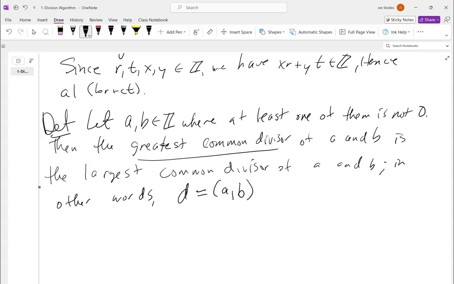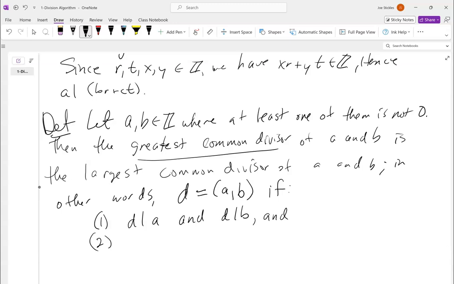Right. So D is the GCD of A and B if it satisfies two conditions. The first one is, well, if it's going to be a GCD, it better be a CD. It better be a common divisor of A and B, right? It also needs to be the biggest among all common divisors.